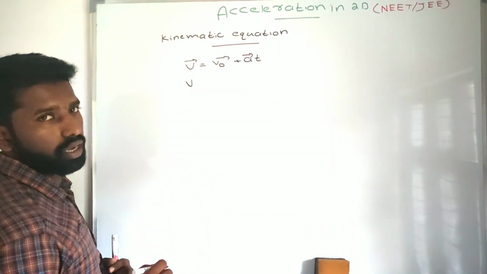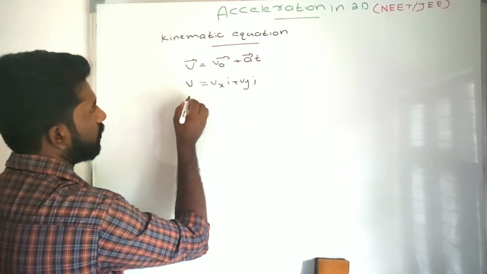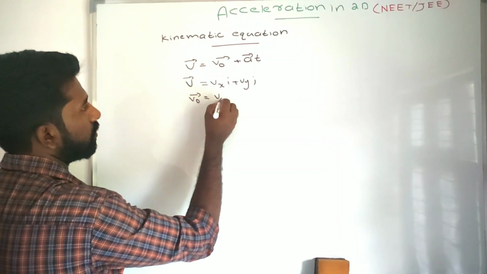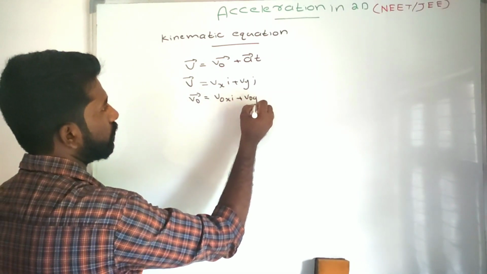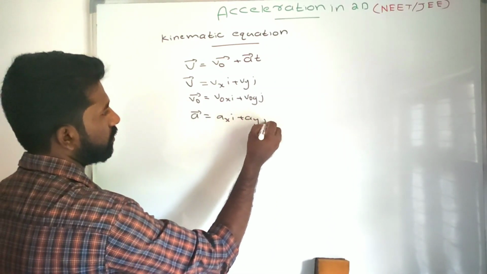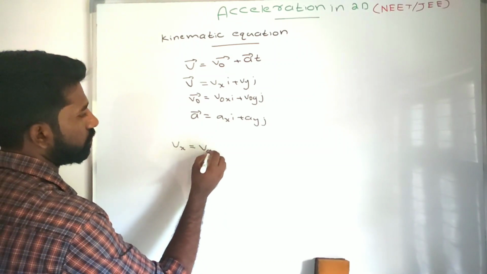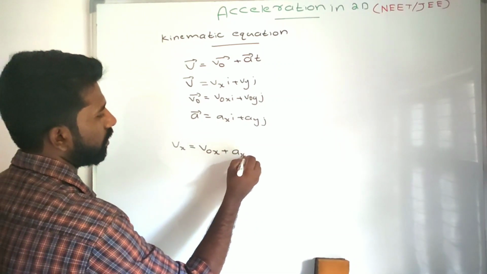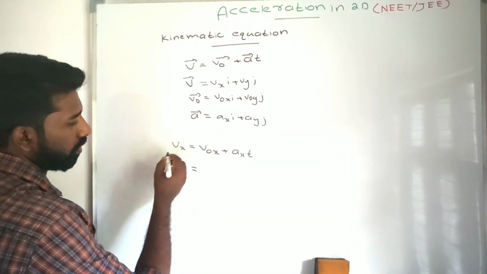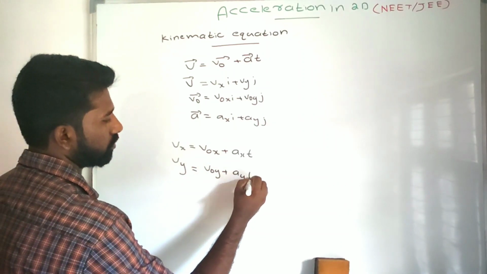Okay, v is the velocity after t time, that is equal to vx i plus vy j, and v naught is the initial velocity vector, that is equal to v naught x i plus v naught y j. Okay, and the acceleration is equal to ax i plus ay j. Then the component of velocity along the x direction is v naught x plus ax t. Okay, and the component of velocity along the y direction after t time is v naught y plus ay t.